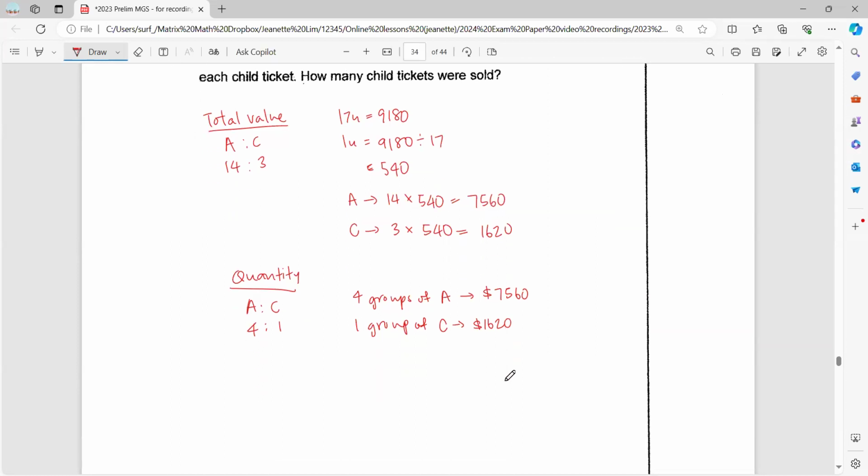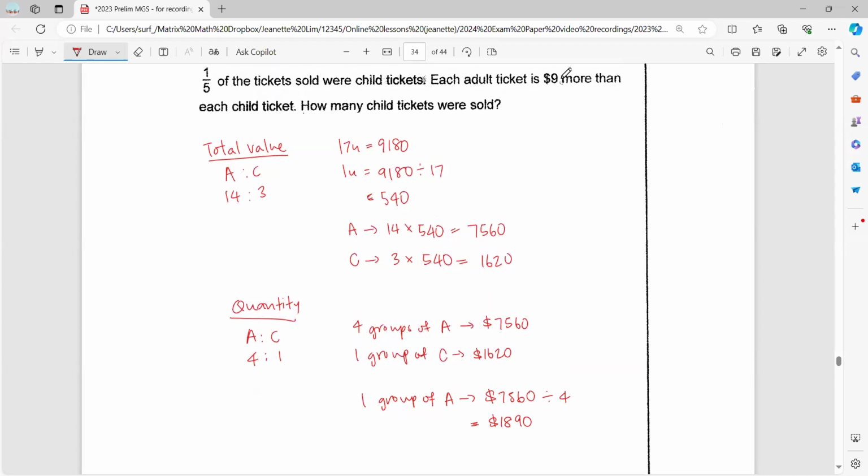Okay, so 1 group of adults will be 7,560 divided by 4. So 1 group of adults will be 1,890. 1 group of children is 1,620. What is the difference?